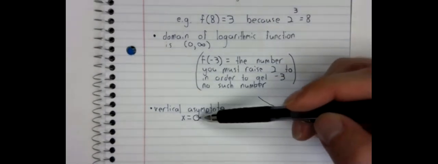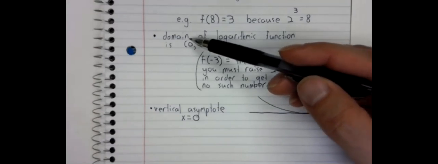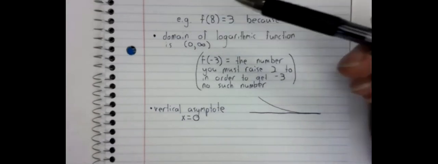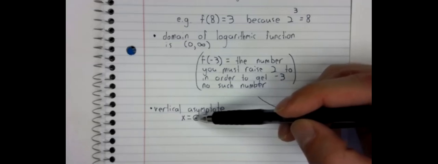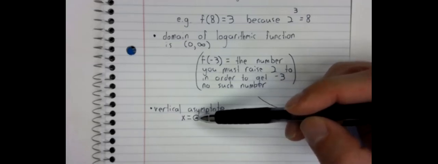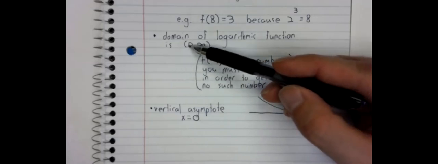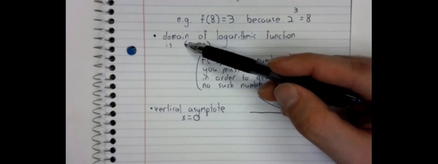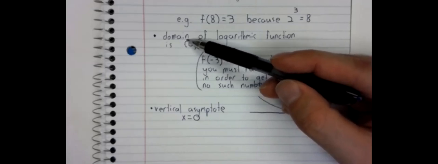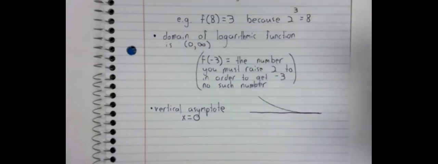Notice that vertical asymptotes are related to the domain. This vertical asymptote at x equals 0, 0 is not in the domain. We have an open parenthesis here, excluding 0.